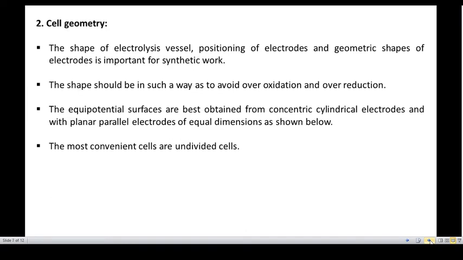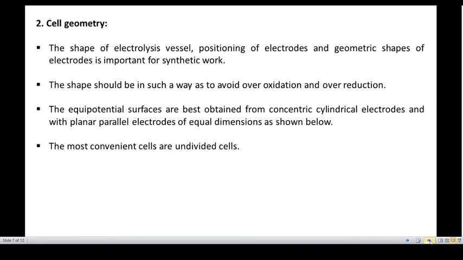Now the cell geometry is another important aspect you have to consider. In cell geometry we have already discussed some aspects like the shape of the vessels, positioning of electrodes, and geometric shapes of the electrodes. These three are very important.